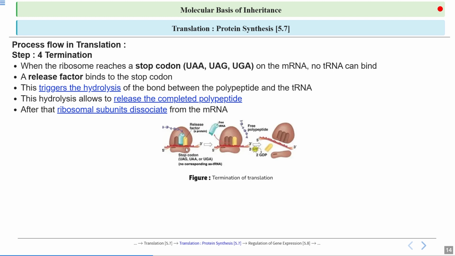This triggers the hydrolysis of the bond between the polypeptide and the tRNA. Because of this hydrolysis, the complete polypeptide is released, and the ribosomal subunits also dissociate from the mRNA. This is how the translation process is completed.